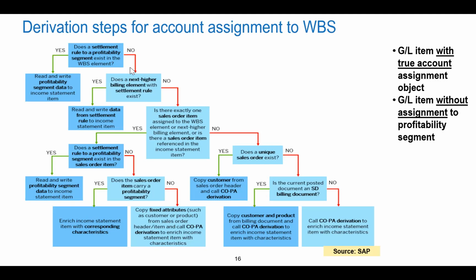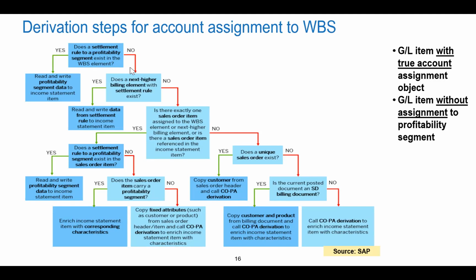One thing I want to highlight here is that the key to successful implementation of the attributed profitability segment is identifying the use cases. Not all companies may require this feature. It all varies by the requirements of that company at a given time.